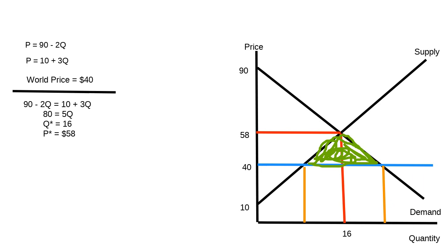So the quantity supplied: if we plug 40 into the supply curve, we have 40 equals 10 plus 3Q. Now we just solve for Q, and that's quantity supplied. So here we have 30, and so quantity supplied should be 10.